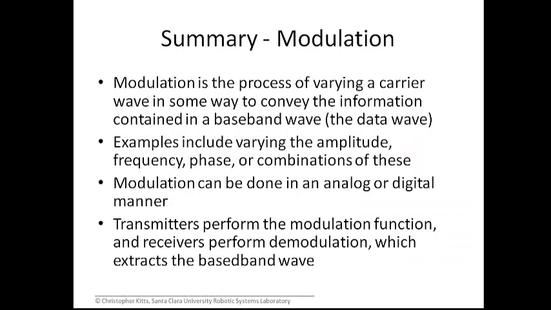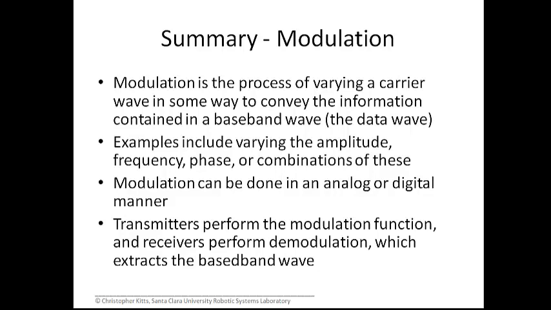So in summary, modulation. We are changing a characteristic of a wave, sometimes more than one characteristic in a more sophisticated version. We change it in a way to convey information, and then in demodulation, we look to see how it's been changed in order to extract the information back. We can change the amplitude, the frequency, the phase, or various combinations of these.